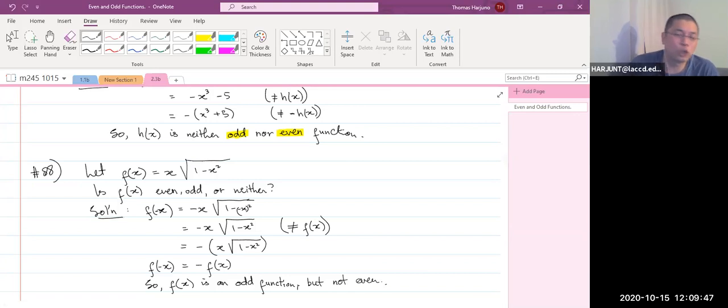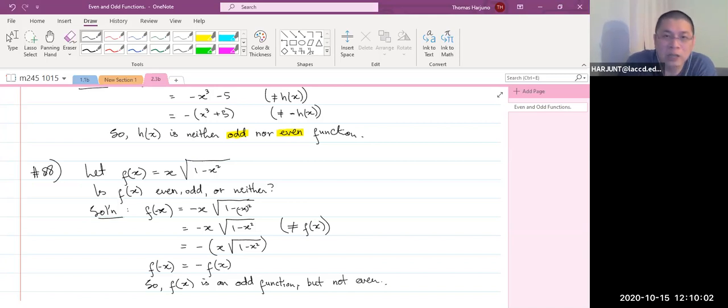Now you will see, in a very general sense, in most cases a function is neither odd nor even.